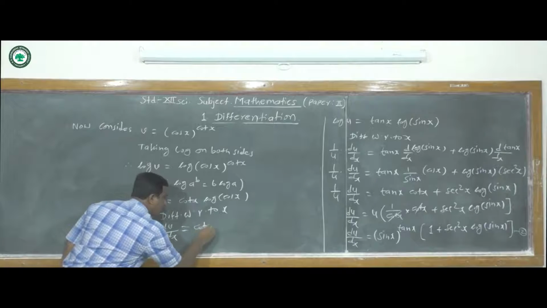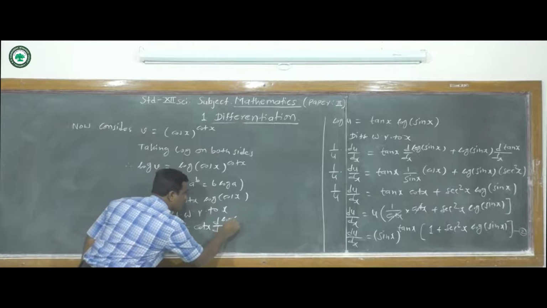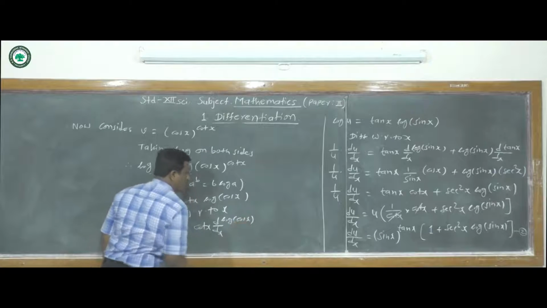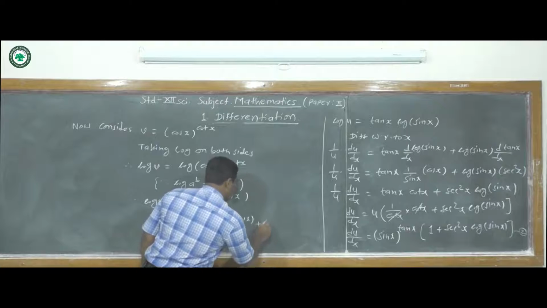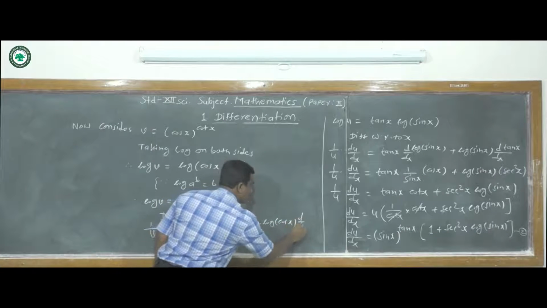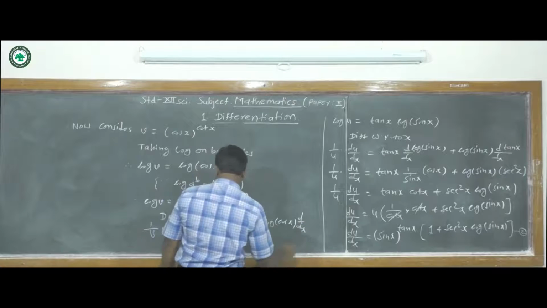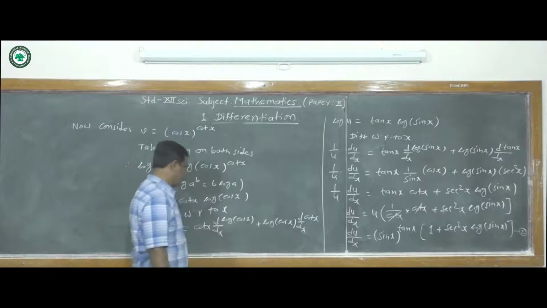Therefore, cot x as it is into the derivative of log of cos x, plus log of cos x as it is into the derivative of cot x.